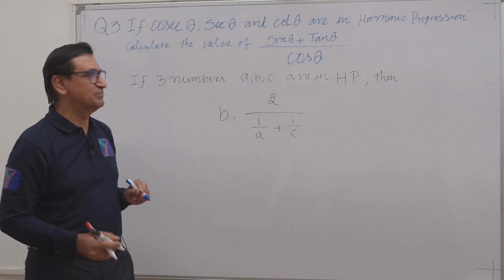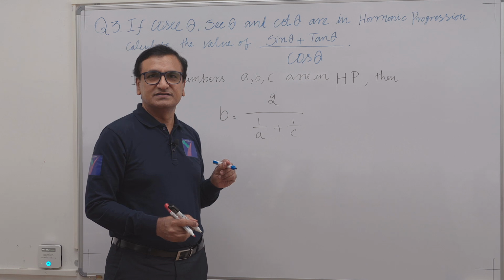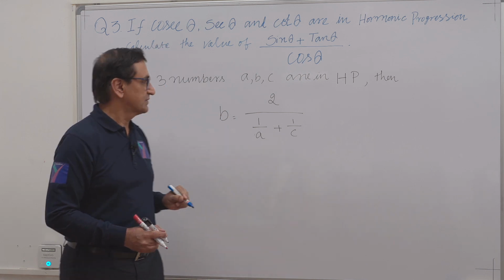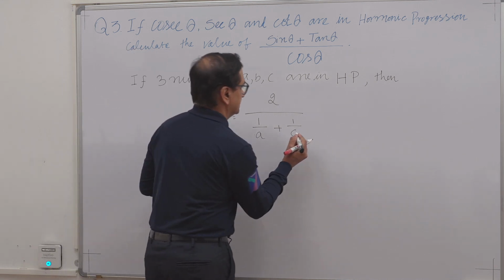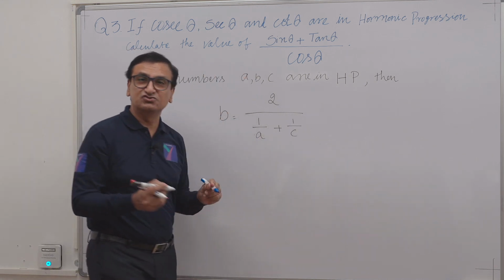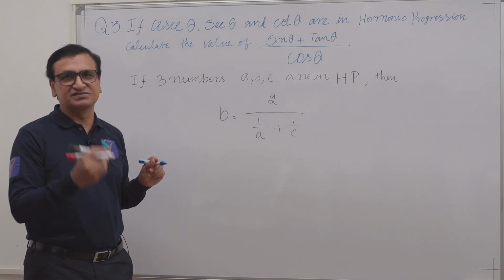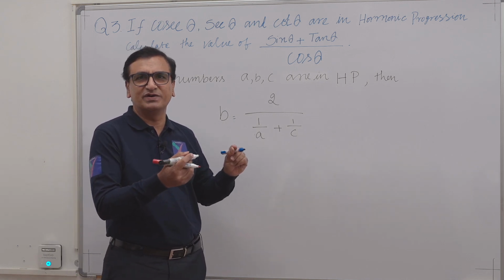Let's do a quick example. Let's take three numbers in harmonic progression, let's say 1 by 7, 1 by 8, 1 by 9.